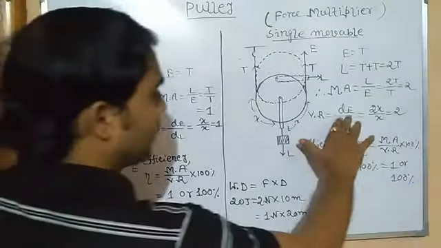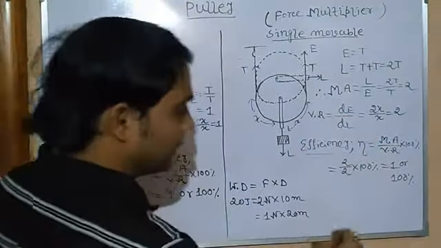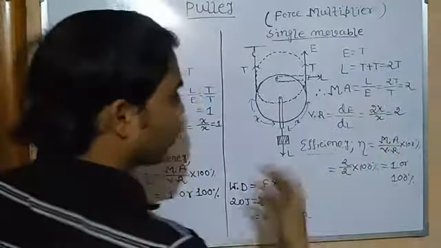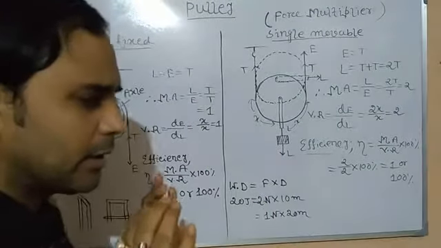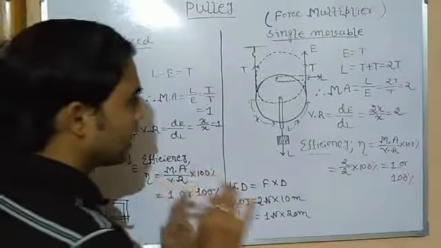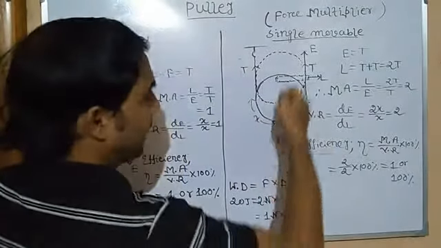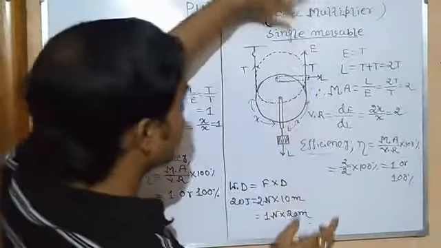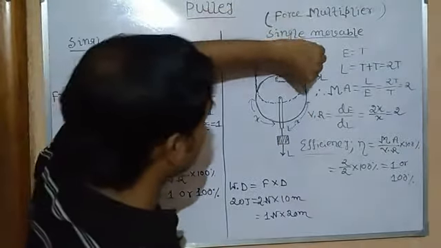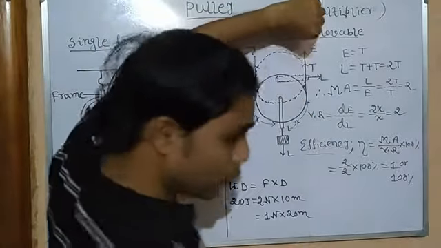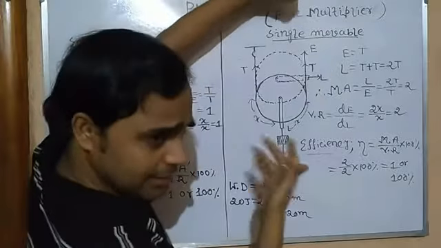Now here the distance traveled by the effort is twice the distance traveled by the load. Why? Think very minutely. Generally in this case the load is lifted up by applying effort in this direction. Because we have to apply force in the upward direction in this case.